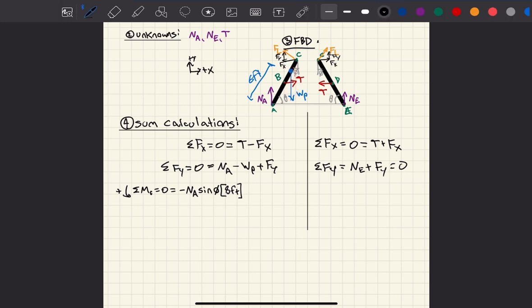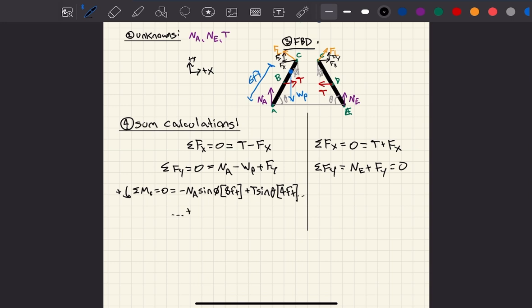Now we do the same thing for the other two forces, and remember these two forces will both cause a positive moment. You will get that the component of the tension force is T sine theta, and it's a distance 4 feet away.